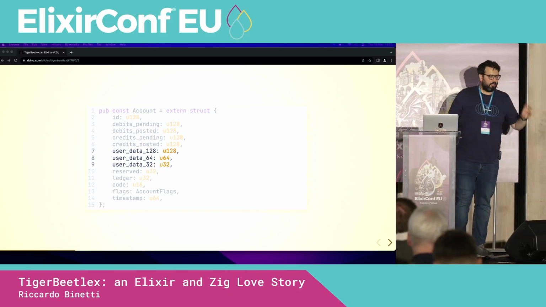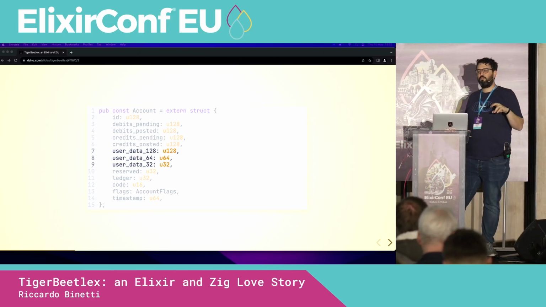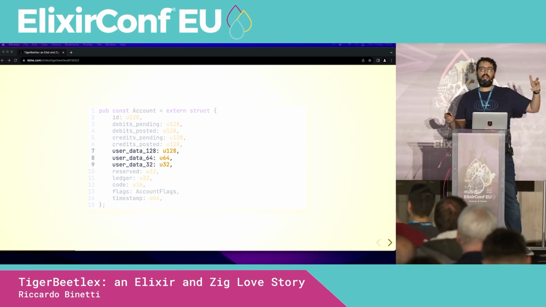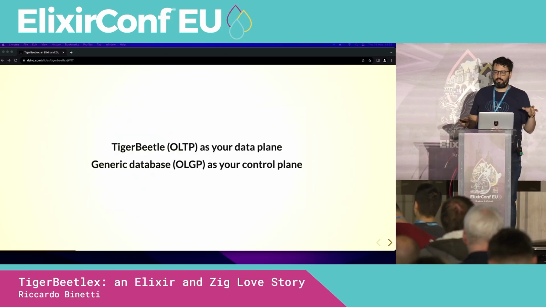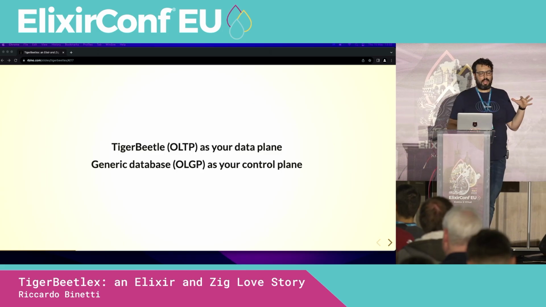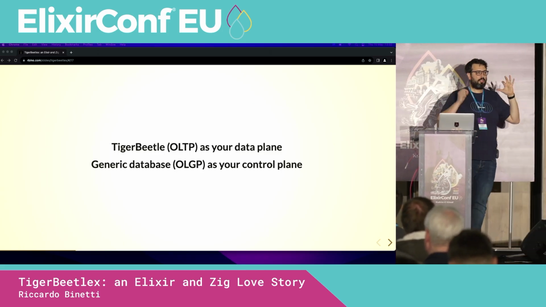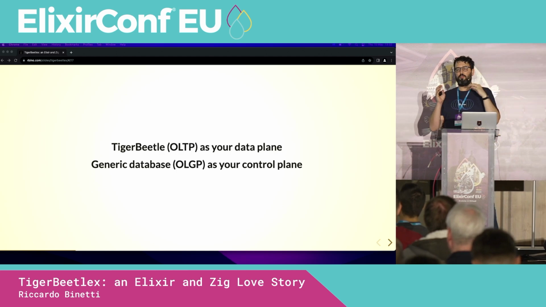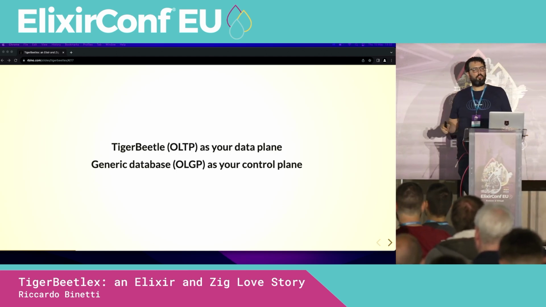So like before, we were able to store also the fact that a certain account was for Alice or some other type of metadata. What TigerBeetle tells you is that you should use TigerBeetle as your data plane, so store only data strictly related to transactions, and store all the other metadata inside your generic database.